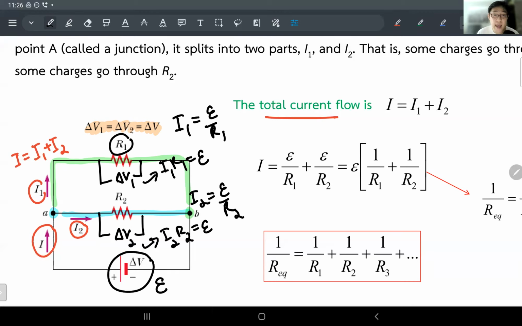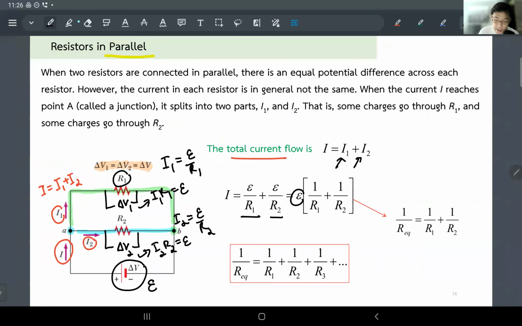So that means I am able to calculate the current flow on each wire, the upper and lower. And once I put that into this equation over here, I get E over R1 as the current I1, E over R2 as the current I2. Now you have a common factor E, I can pull it out. What you see in the bracket, you can treat as, once again, an equivalent resistance.